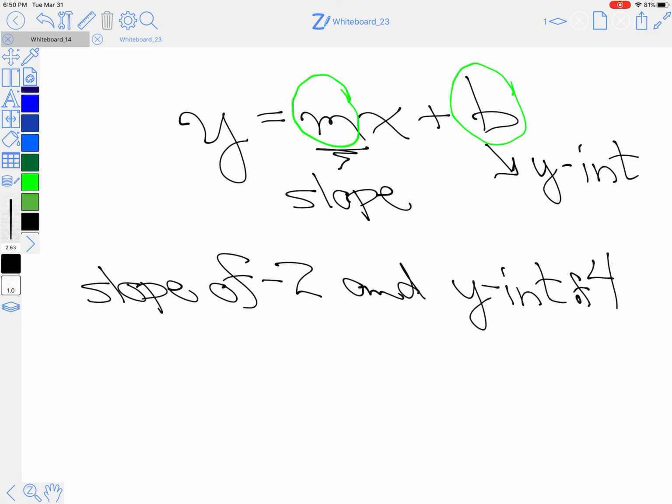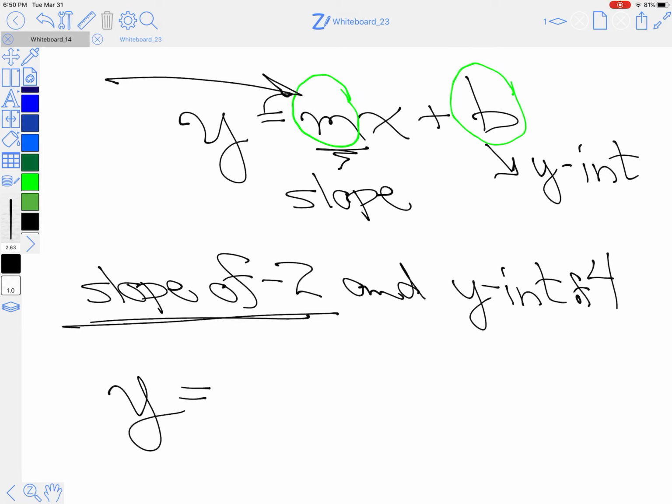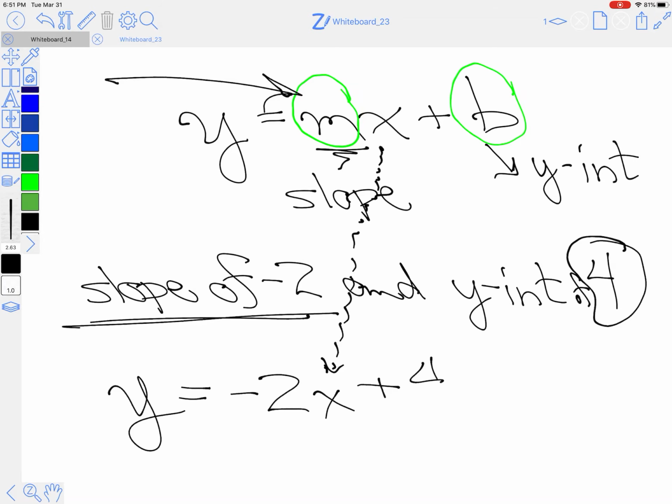So I would just start by saying y equals, and I know m is my slope, and it says right here my slope is -2, so I'm going to put in a -2. The x is just going to stay right there, and my y-intercept is 4. Well, it doesn't say it's -4, so I know it's +4. So I'm going to put a plus 4 here.